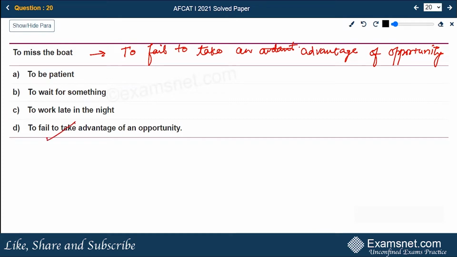So the correct option is D. Let's make a sentence. There were tickets available last week, but he missed the boat by waiting till today to try to buy some. So that person missed the boat. He got late to buy the tickets.